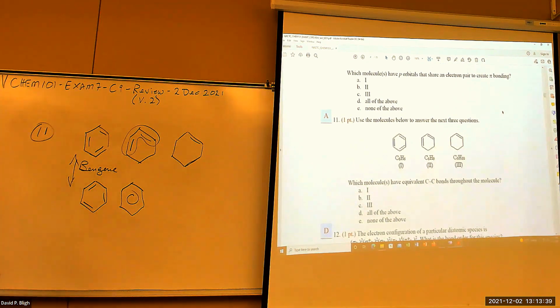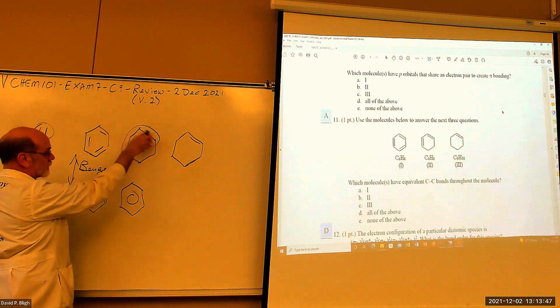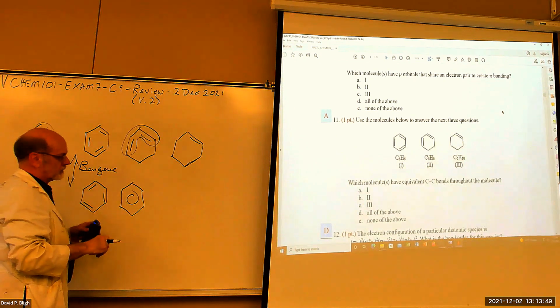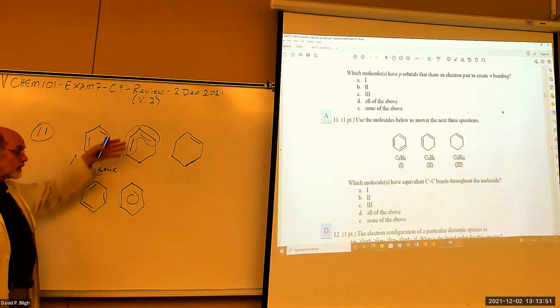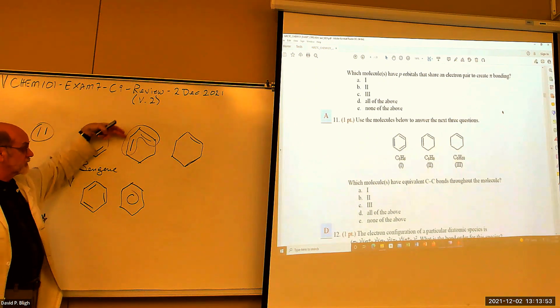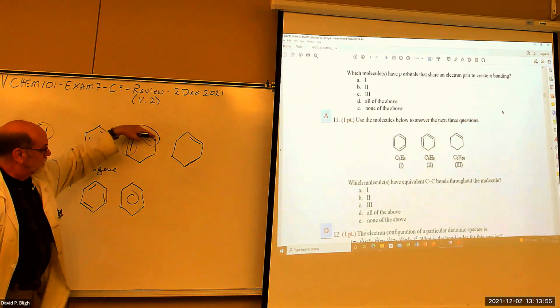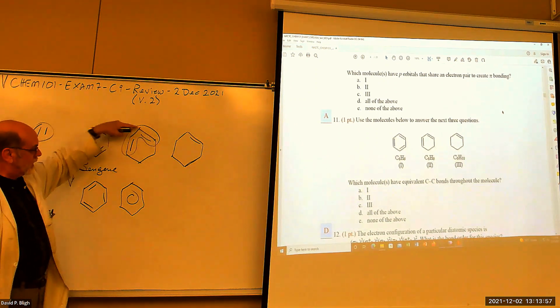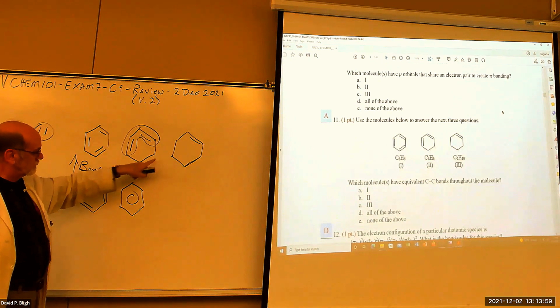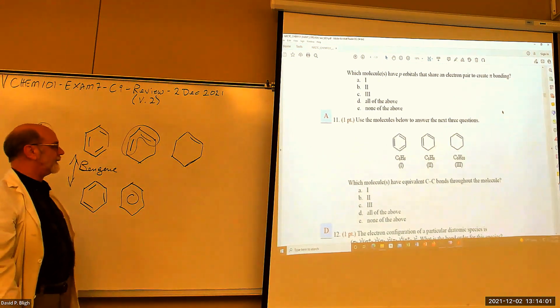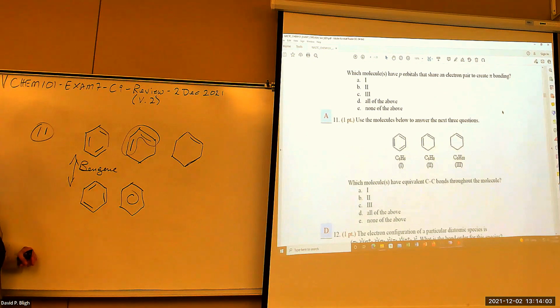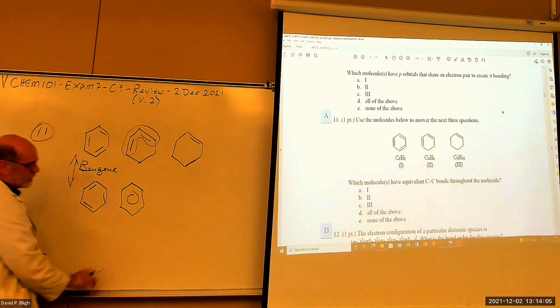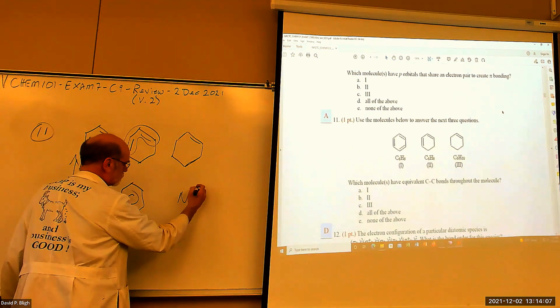Okay, so that makes the answer 1. That's the only one with equivalent bond lengths. Now these bond lengths are the same, but it's due to delocalization of electron density over those 3 bonds, but these are left out. You would see something like that with the nitrate molecule, remember?